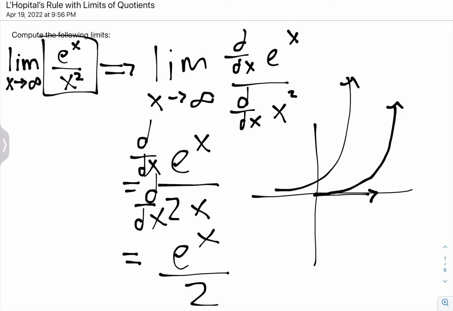Okay, 100 squared, that's 10,000. So we're taking a number with about 44 zeros, dividing by a number with 4 zeros. So you can see how this is going to go to infinity super quickly. Even as x is only 100, it's going to be a super huge number. Okay, so we can think about it like that with a calculator.